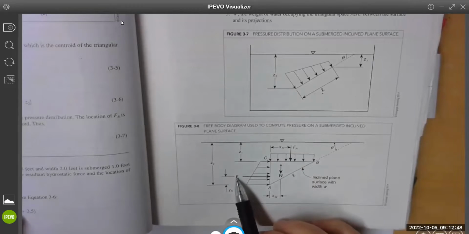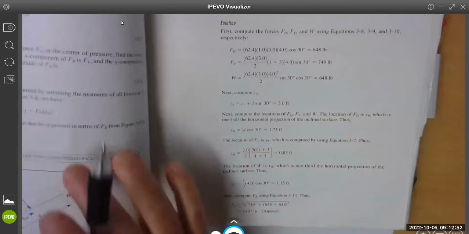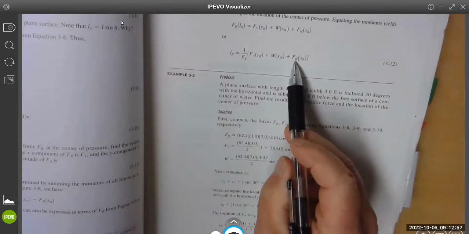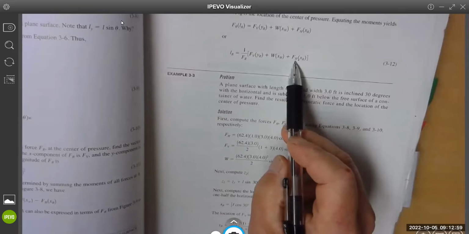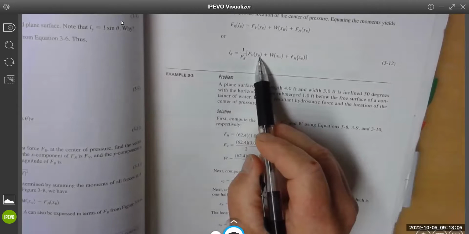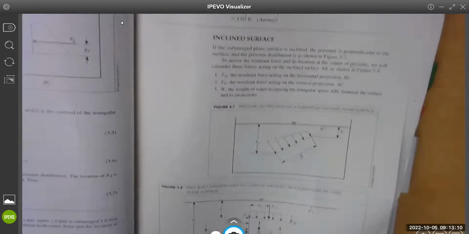They calculate this F sub V, concentrated load. And that's where these things come from. FV, FH. And these are little moments. So they're multiplied by Y sub R. That's a Y distance. And an X distance. So let's see if we see those.